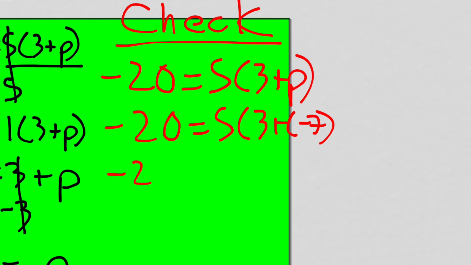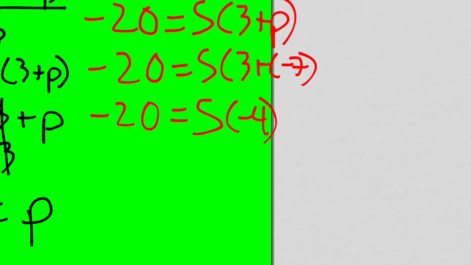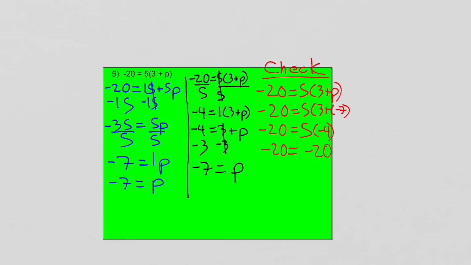I'm going to keep working down the page, equals, I have to do the parentheses first, 5 times. The parentheses were 3 plus negative 7, which is negative 4. And look at that. 5 times negative 4 is negative 20. So both sides of the equal sign are the same. We are good to go.